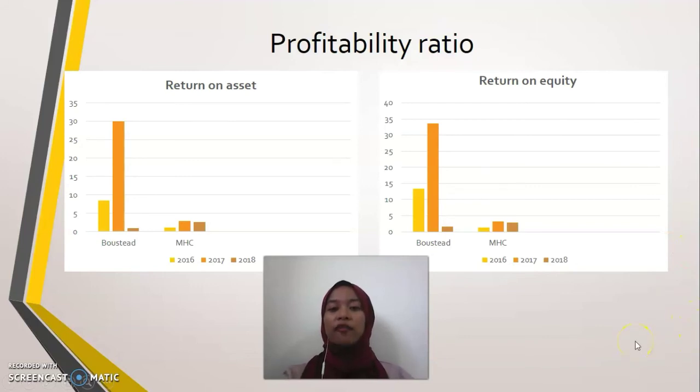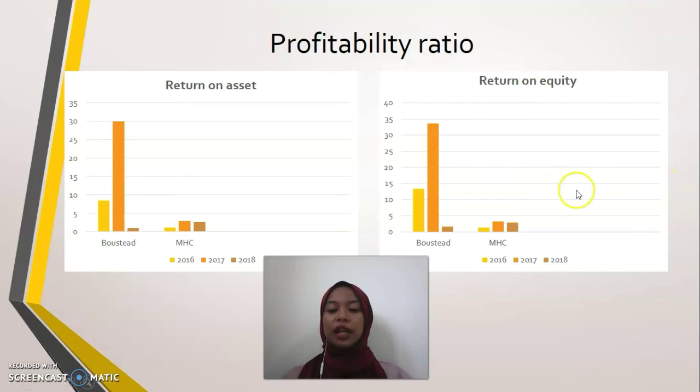Return on equity for Boston in 2017 increased to 33% compared to 13% in 2016, and the ratio decreased to 1.62% in 2018. It indicates the net income generated by equity for each year.